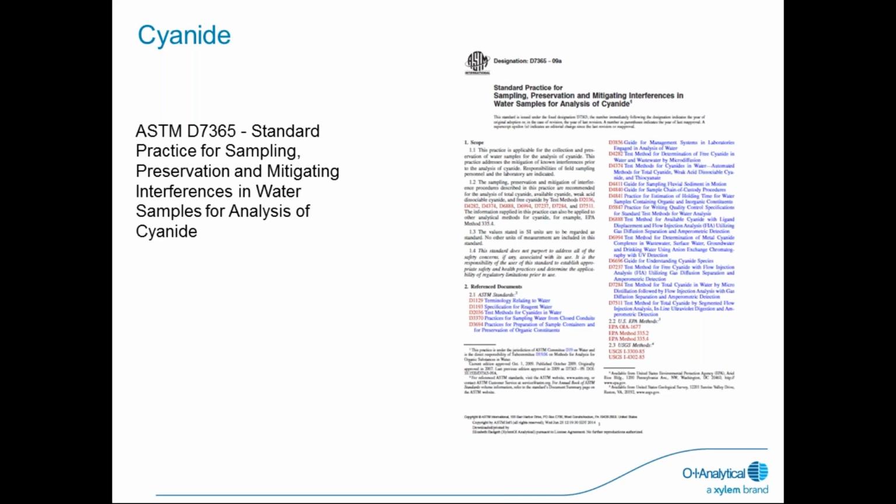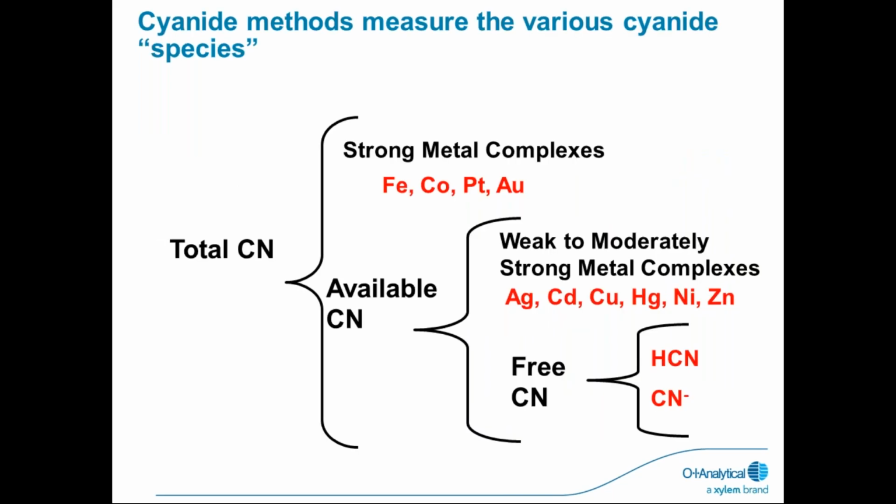This is where the D6888 method talks about adding the acid to help abate sulfide up to 50 milligrams per liter. You can use a lead acetate strip. If you continue to have more than 50 milligrams per liter, you need to dilute the sample. So with cyanide methods, we measure the various cyanide species.